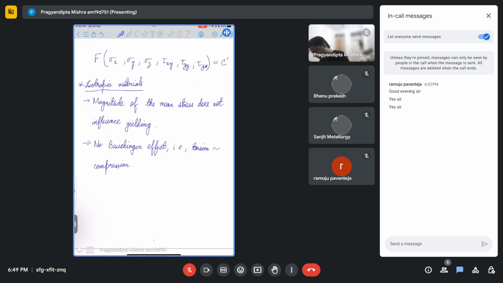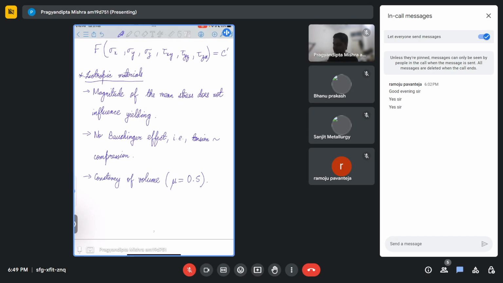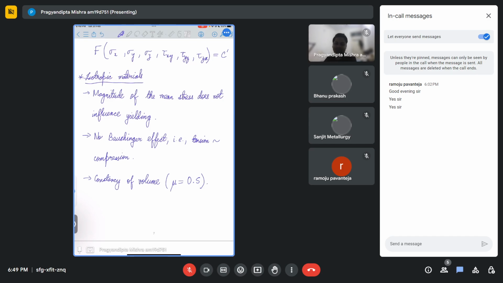And you are assuming that volume remains constant. Constancy of volume. Now, in order to have a constant volume, you need to have mu or Poisson's ratio equal to 0.5.